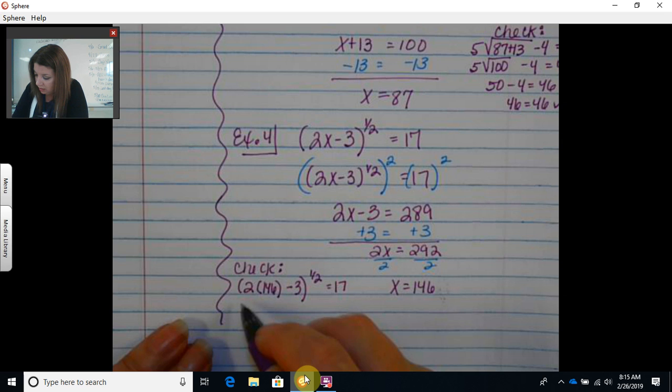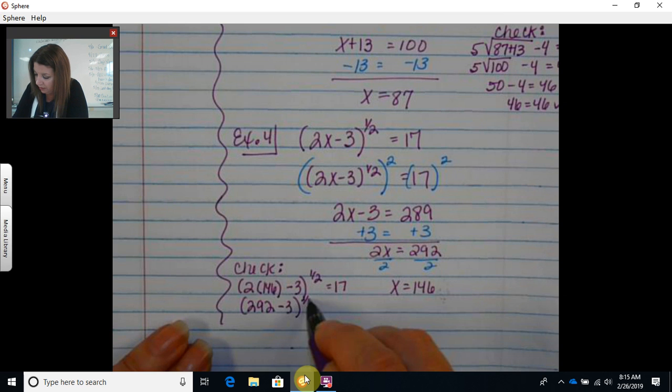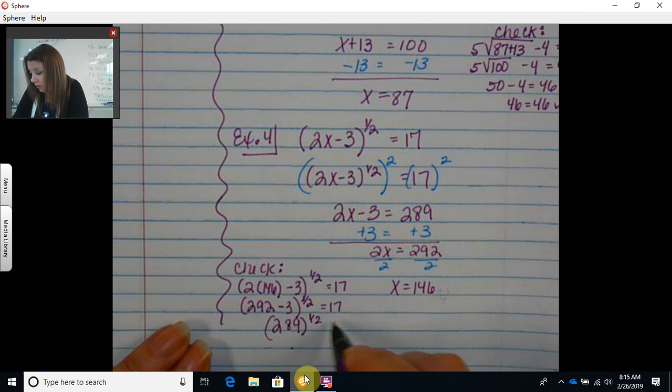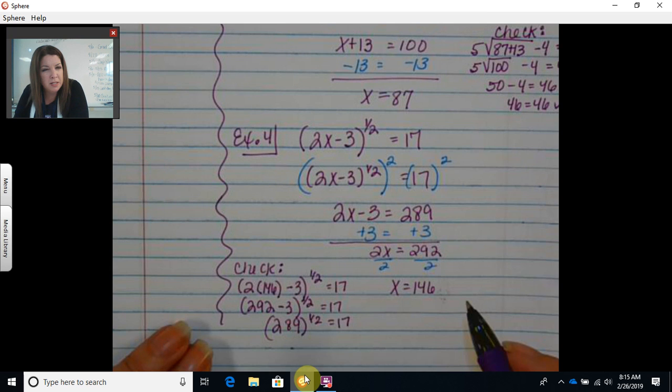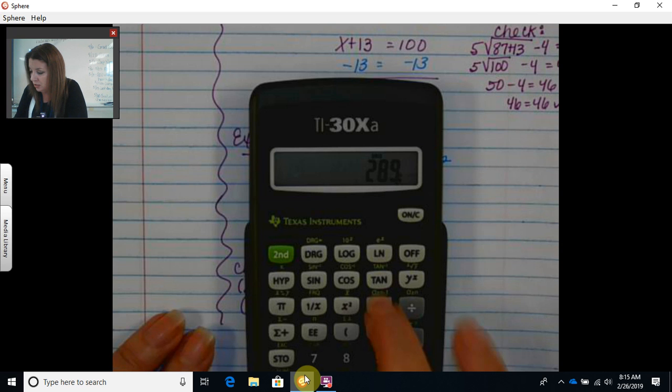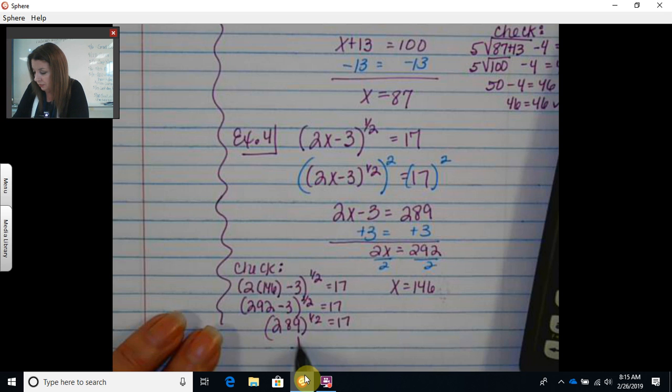So that's 292 minus 3, quantity raised to the 1/2 equals 17. 292 minus 3 is 289 raised to the 1/2. And 289 raised to the 1/2 means what? Square root of 289. So the square root of 289 is 17. True statement.